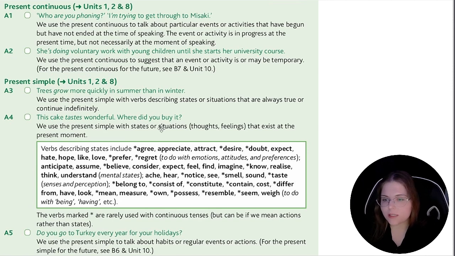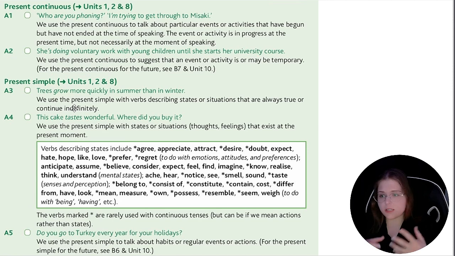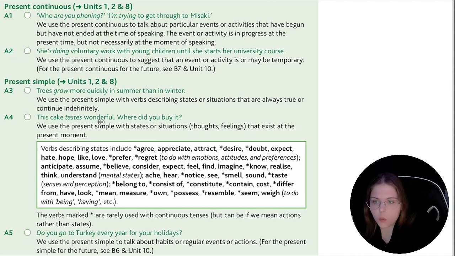Next, we use the present simple with states or situations, thoughts or feelings that exist at the present moment. This cake tastes wonderful. Where did you buy it? Talking about this cake, well, I can suggest that this is happening right now. But think of the next word, wonderful.